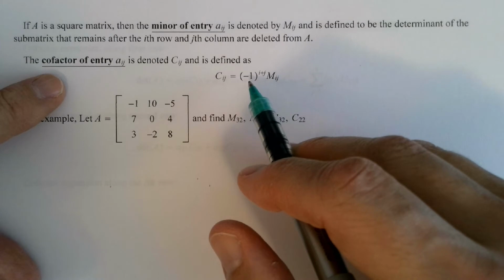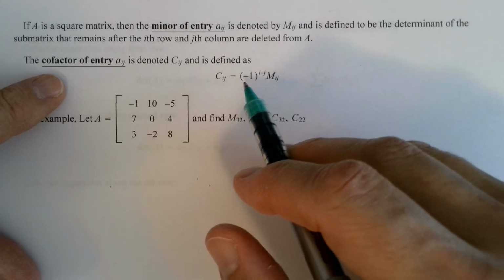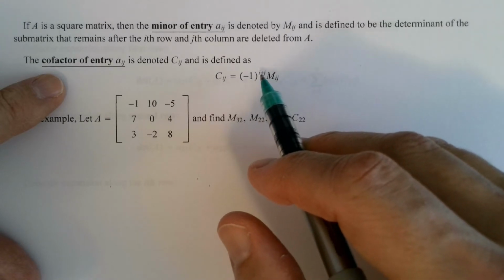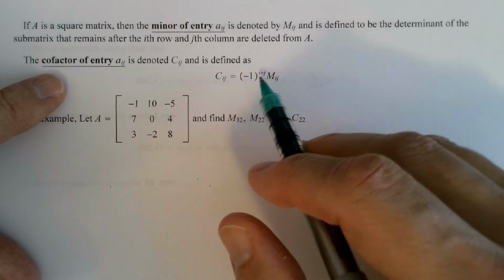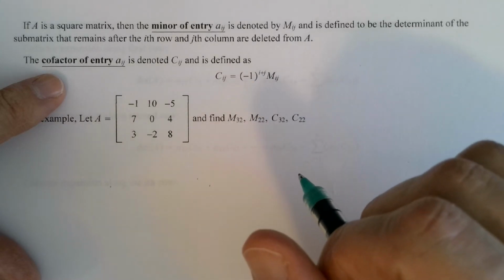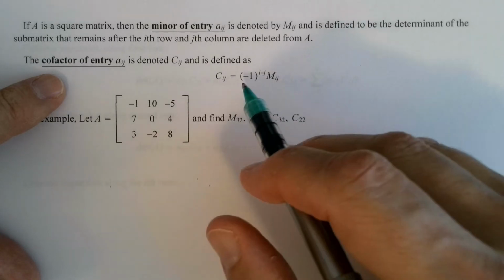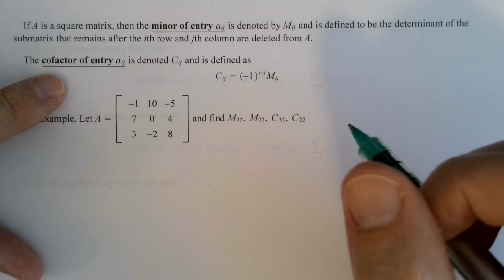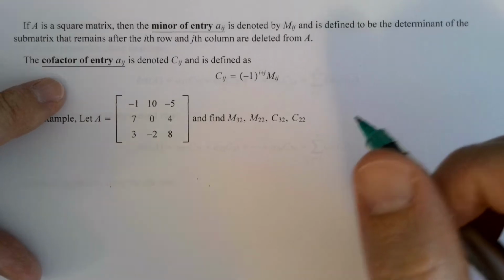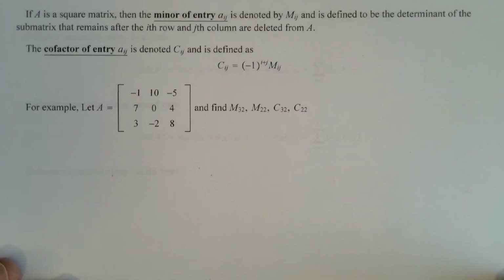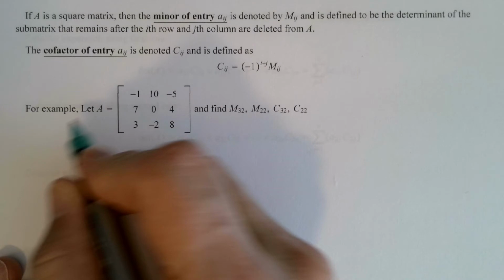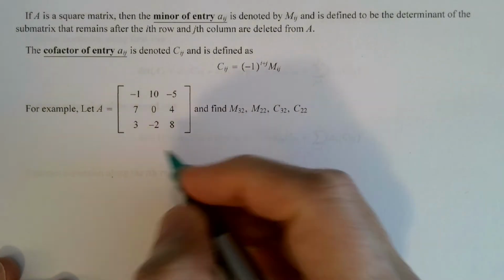So notice when I take -1 to any power, I'm either going to get -1 if i plus j is an odd number, or +1 if i plus j is an even number. And that means that the cofactor is either going to be equal to the minor or equal to -1 times the minor for the corresponding entry. Okay, so let's talk about how to do it then. Let's see if this makes sense. Let's find, for this square matrix A right here, let's find M32.